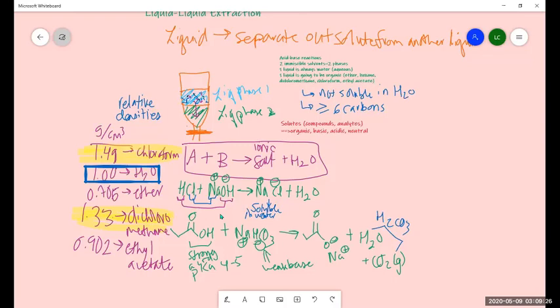Okay. Another thing about organic solvents is that most of them are not soluble in water. Once again, we don't want that. They're usually greater than 6 carbons.